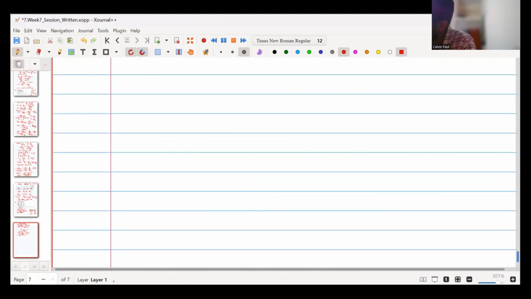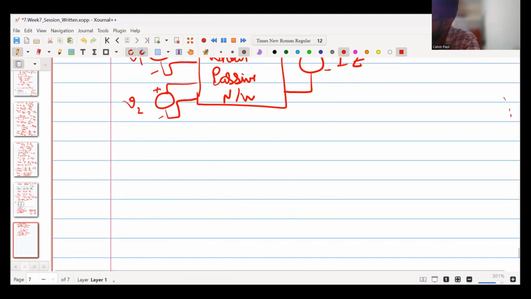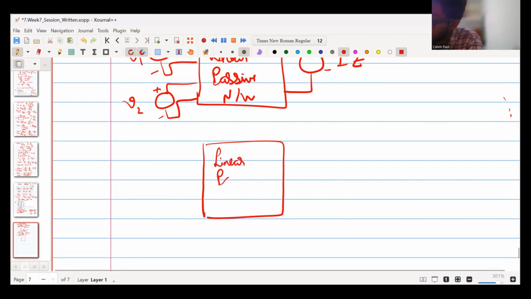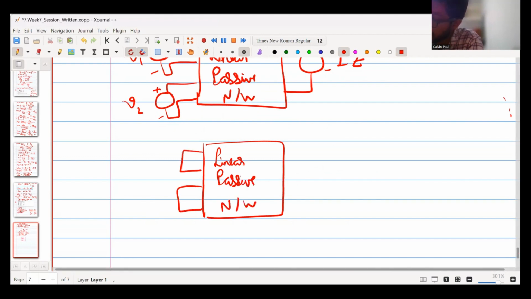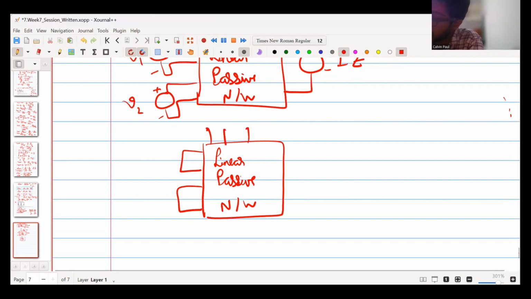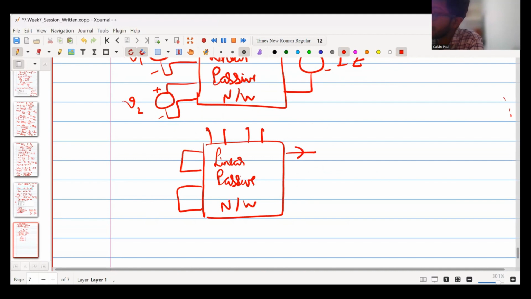So now I will get my linear passive network. This is short circuited, this is short circuited, this is open circuited, this is open circuited. And what will be the current over here? Will it be I or will it be delta I?